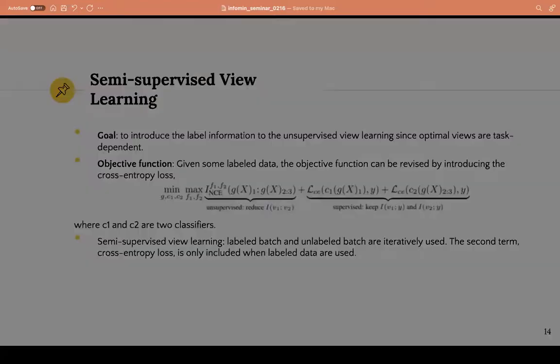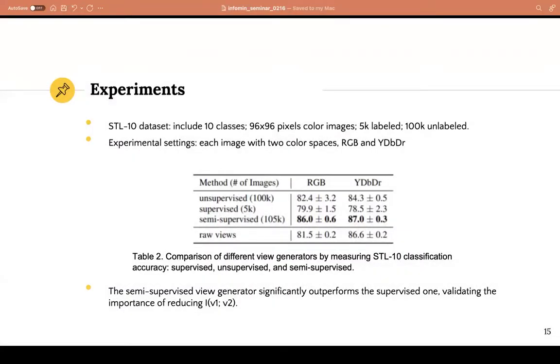And here are results. The experiments is conducted on the STL10 dataset. This dataset have 10 classes, and they have 96 by 96 pixels color images. They have 5,000 labeled data and 100,000 unlabeled data. And in the experiment, they used two different color spacings, RGB or YDbDr. Actually, it doesn't matter. They just show more results.